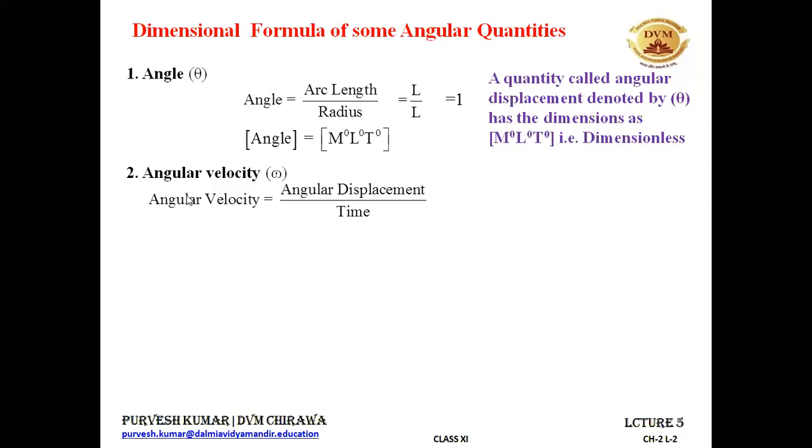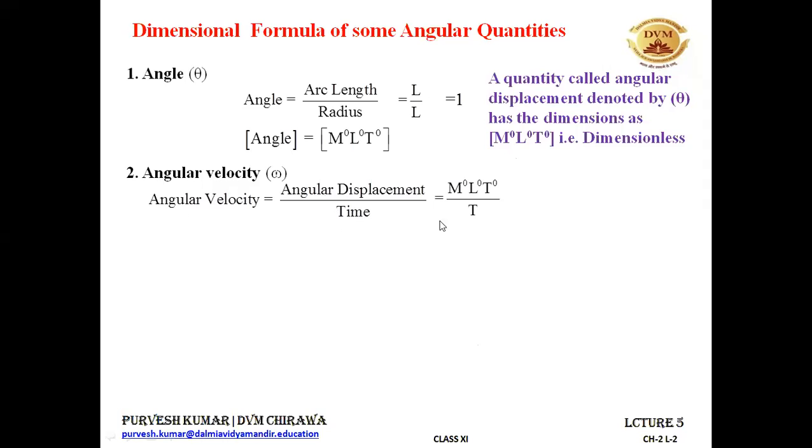We need to find the dimensions for angular velocity. So what will we do? First, we write the dimensions of angular displacement and then divide by the dimensions of time. Angular displacement is dimensionless, having dimension m0, l0, t0.